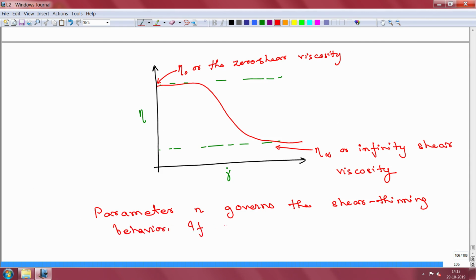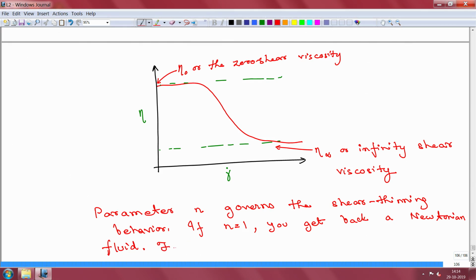If n is equal to 1, then you can see easily you get back a Newtonian fluid. And usually, this model is meant only for shear thinning fluids.